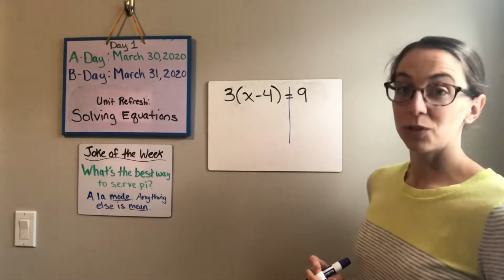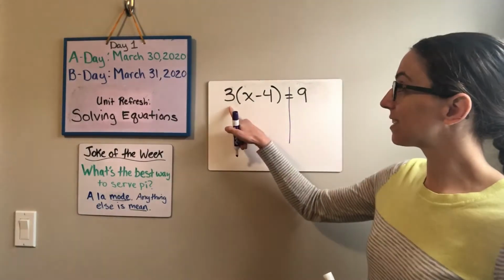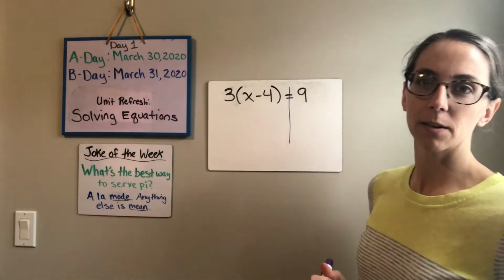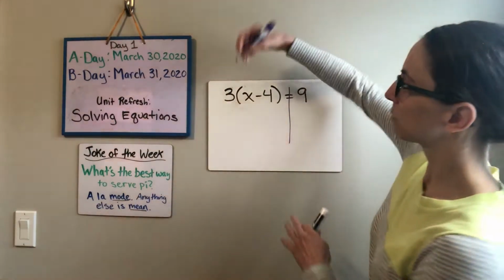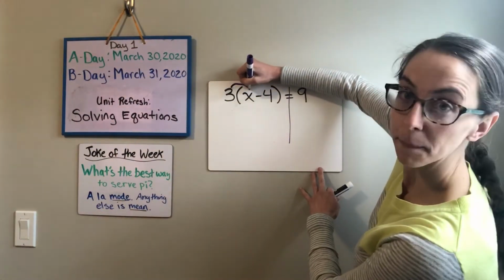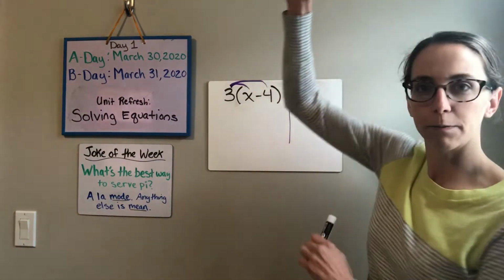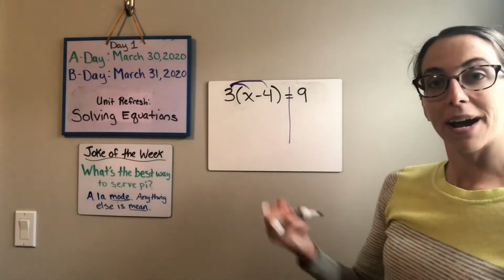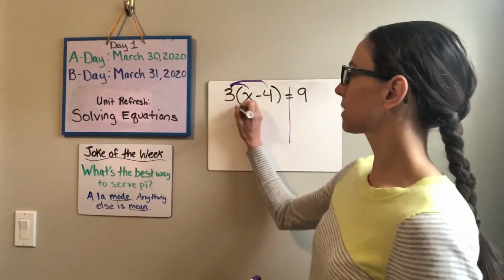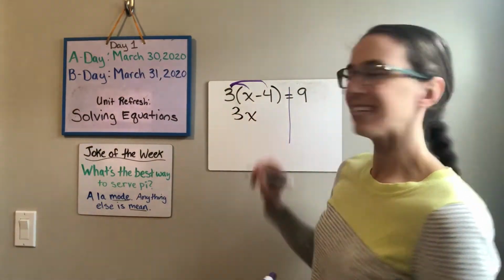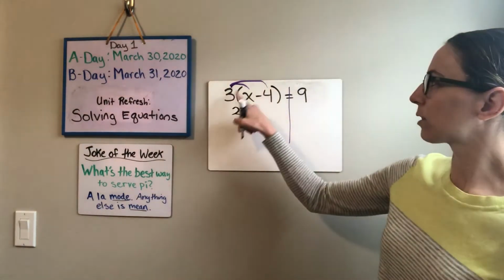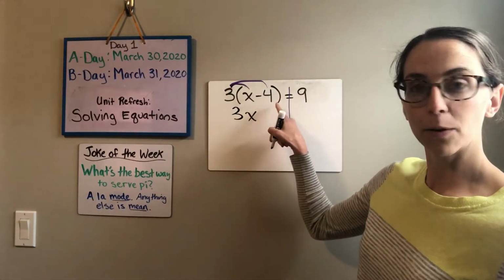In this case, we do need to distribute this 3 to everything that's inside of those parentheses, which means we'll be taking 3 and multiplying it by x, and then 3 times our -4. So when I do that math out, 3 times x is 3x, and 3 times that's a -4, don't forget.